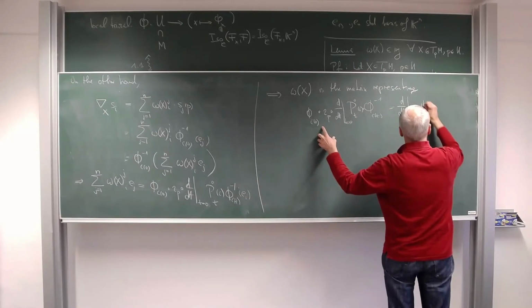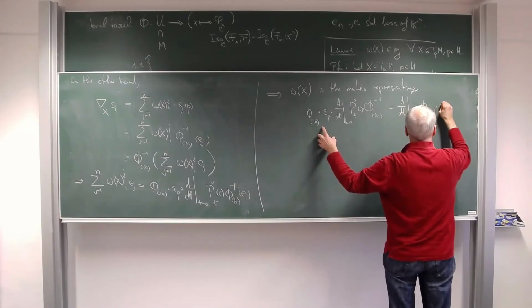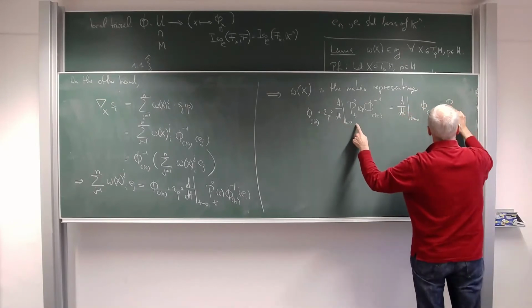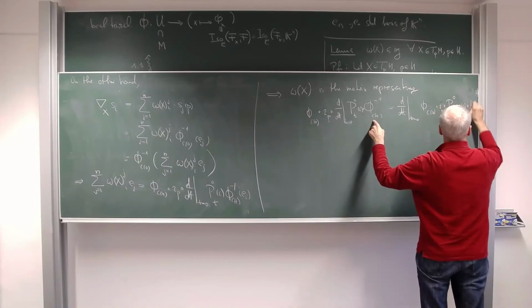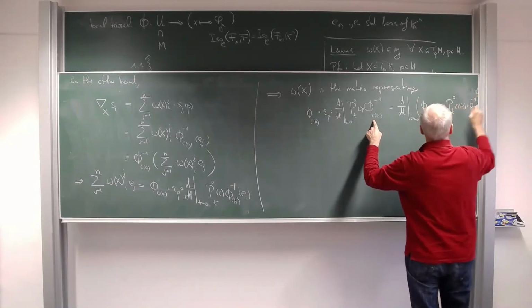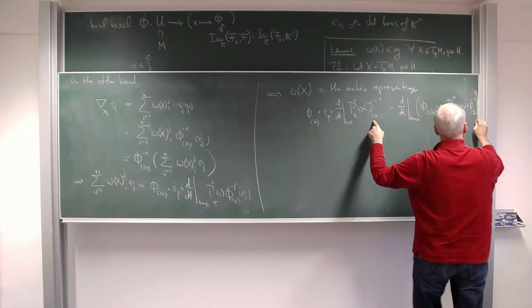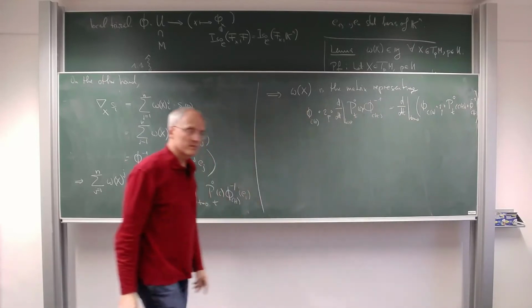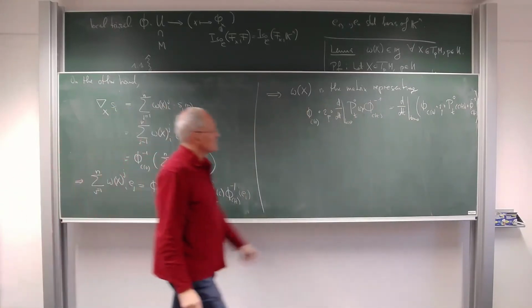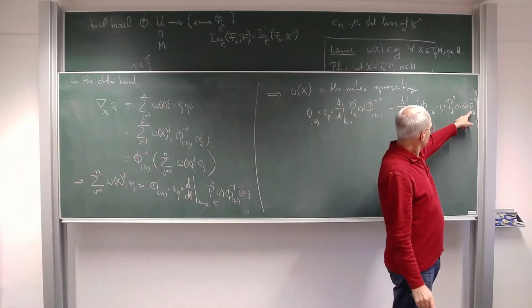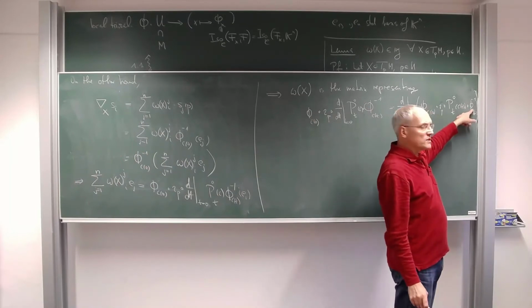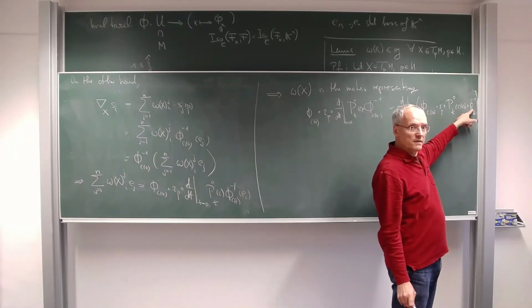And then I have phi c of 0 composed with iota p composed with parallel transport composed with phi c of t to the minus 1. And all this is differentiated. Okay. And now that's good, because the local trivialization consists of morphisms in my category.